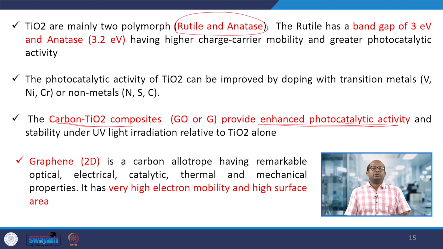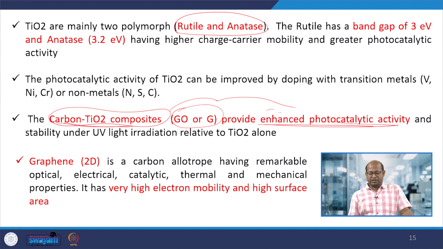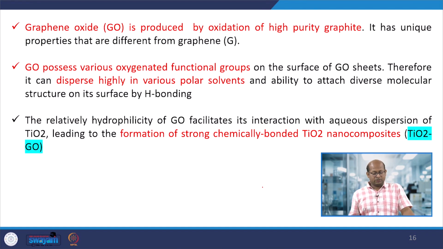So we can use titania as a photocatalyst, and with carbon, meaning graphene or graphene oxide, we can make a composite material that can also be used for photocatalytic reactions. When we use this type of carbon-based nanomaterial with titania as a composite, it enhances the photocatalytic activity. These materials have high surface area and good conduction of electrons.